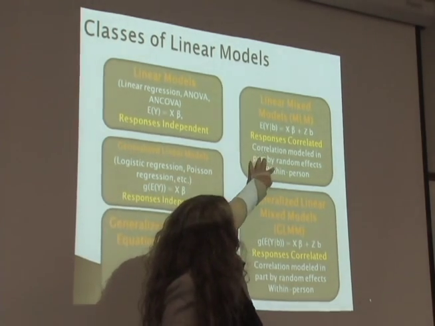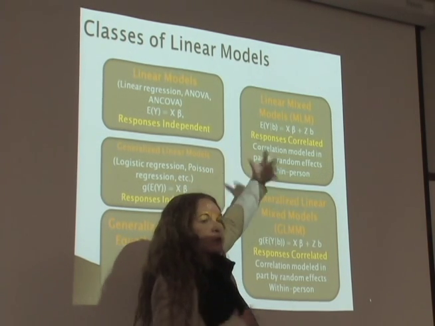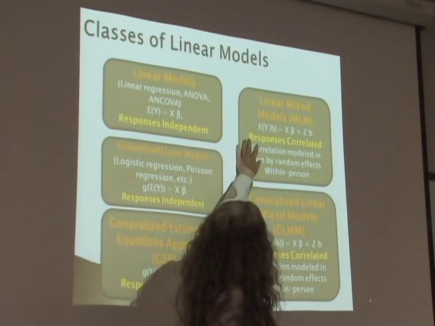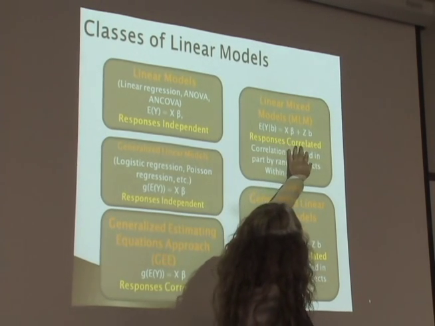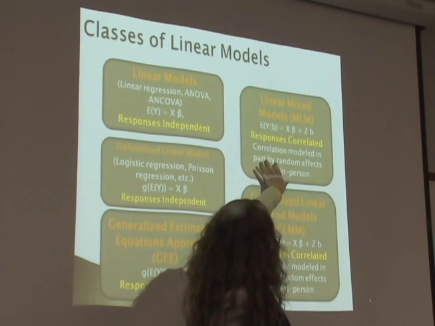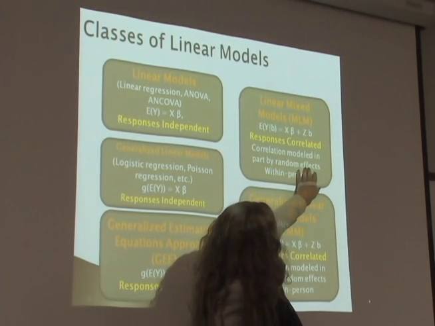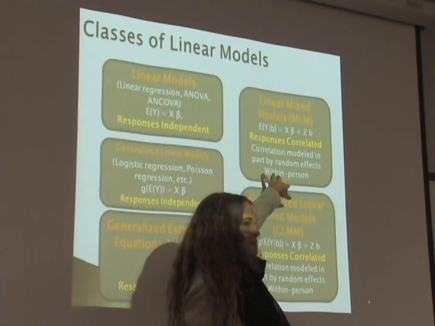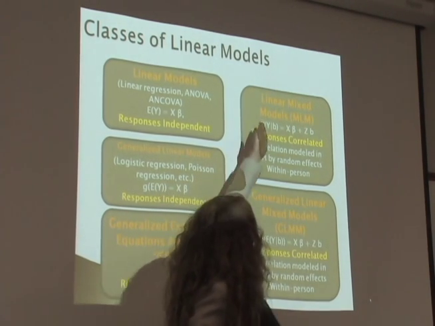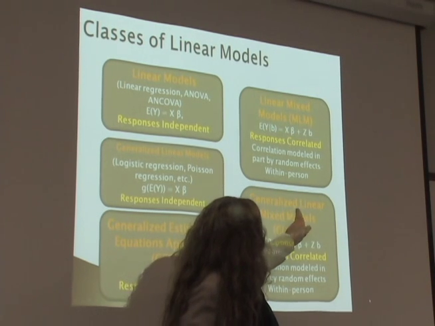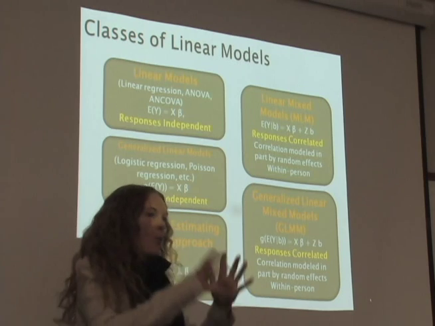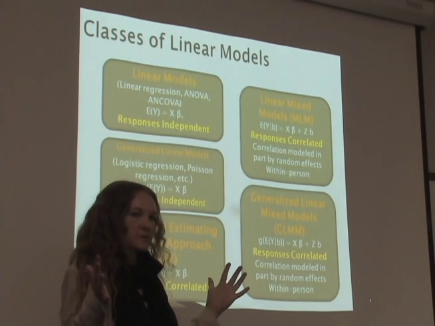In a linear mixed model, or a multi-level model, or a hierarchical model, or a random effects regression, however you like to call it, responses are also correlated, but the correlation is also modeled to a certain extent by the random effects analysis. And then the difference here is that we're just generalizing the mixed model. That means we're extending it to that wider range of distributional assumptions.